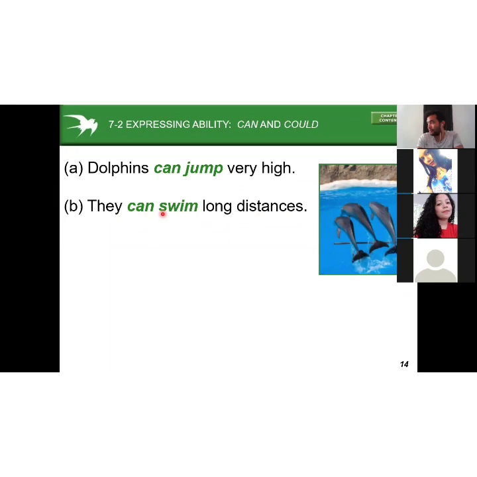We can say something like we can walk long distances. That's what we can do, but we can't swim long distances. Another thing: they can be taught fancy tricks. Dolphins are very intelligent animals, and as they are intelligent, they can be easily taught tricks.